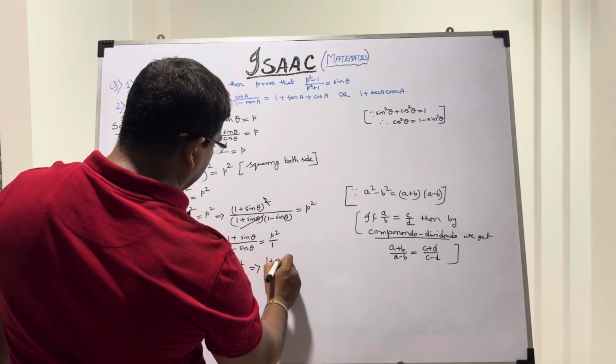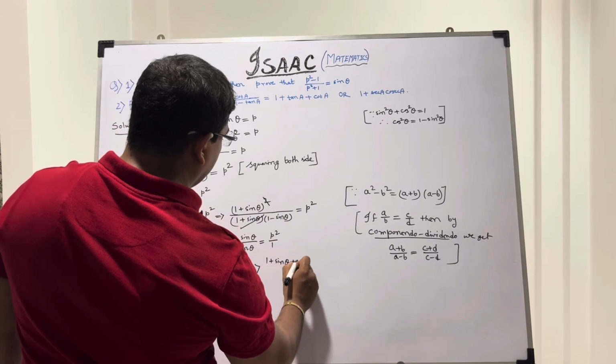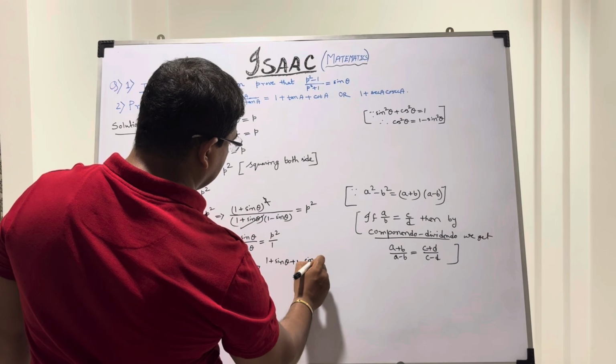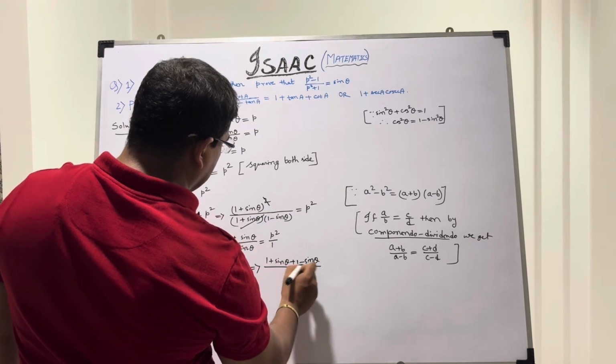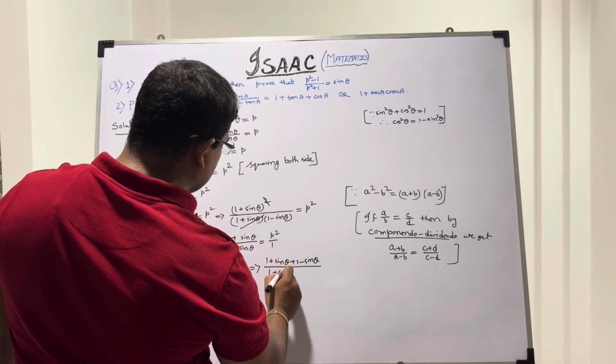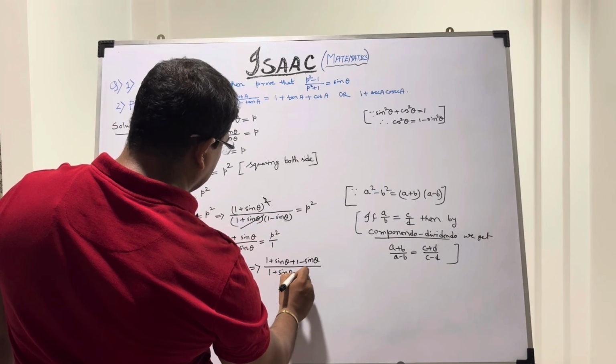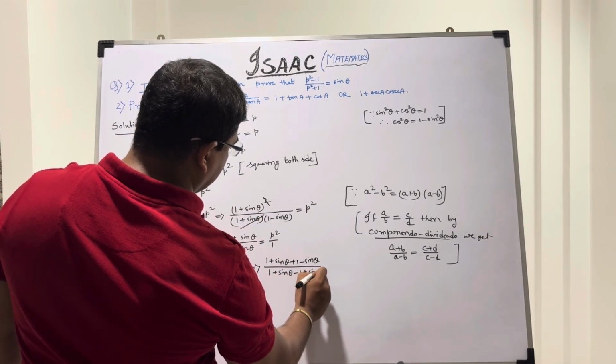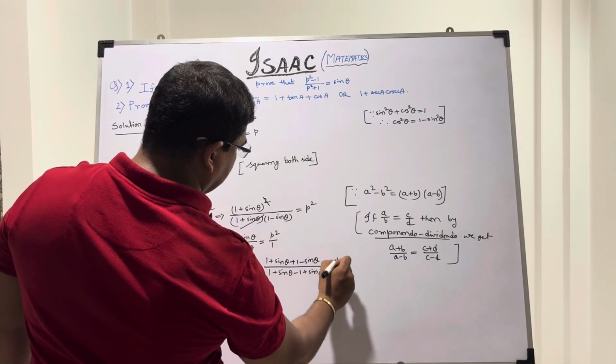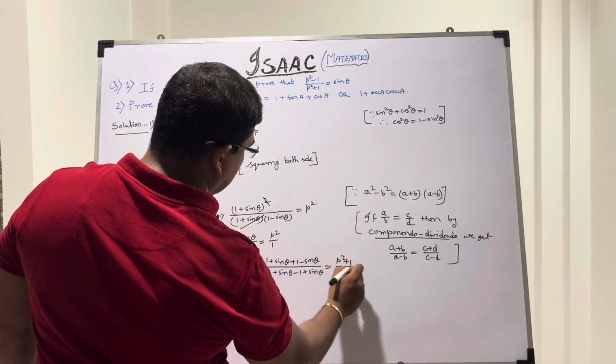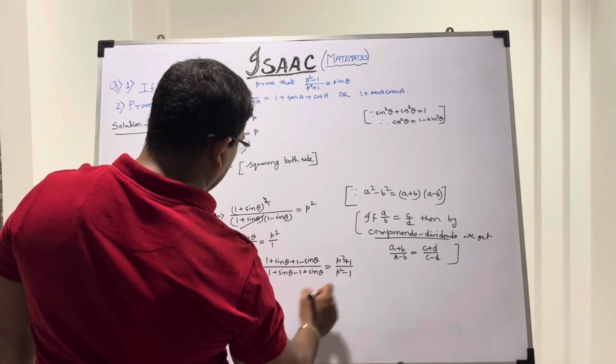After removing all the brackets, we get (1 plus sin theta plus 1 minus sin theta) divided by (1 plus sin theta minus 1 plus sin theta) equals (p square plus 1) divided by (p square minus 1).